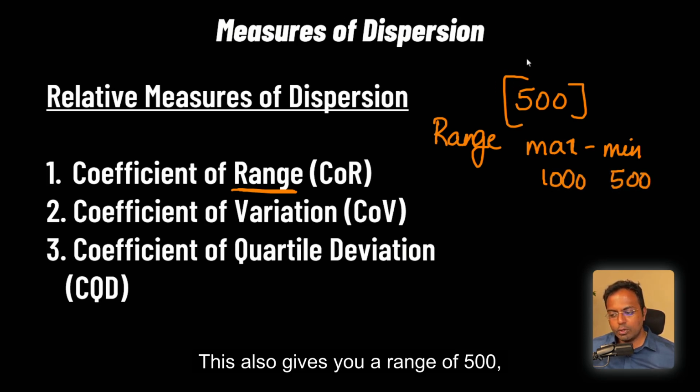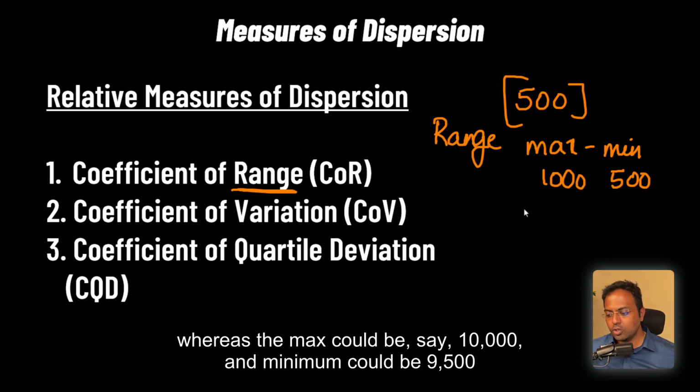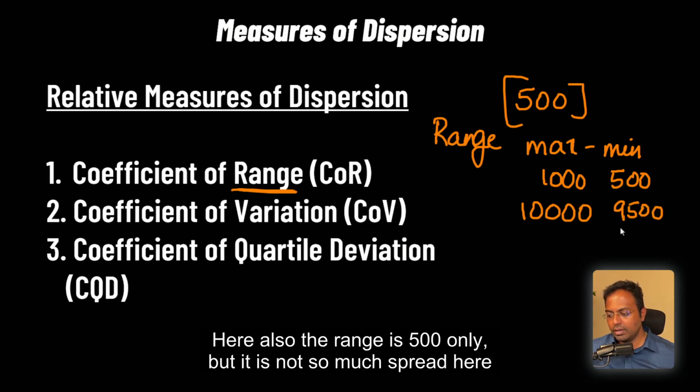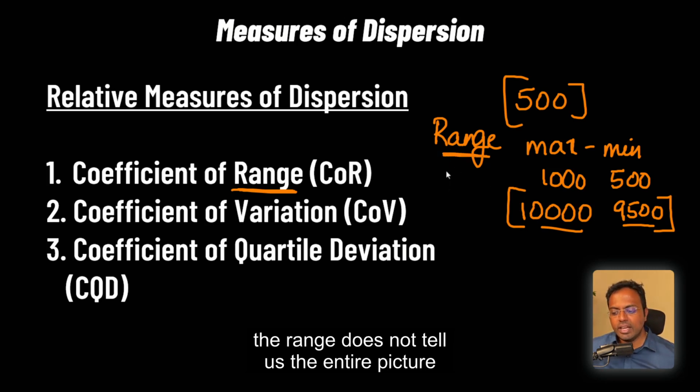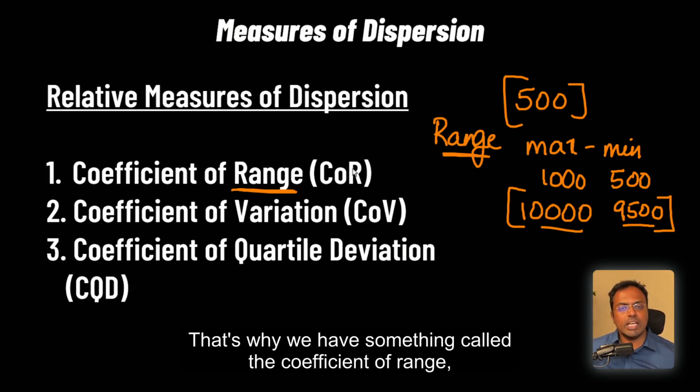This gives a range of 500, whereas the max could be 10,000 and minimum could be 9,500. Here also the range is 500, but it is not so much spread. As the scale of the data changes, the range does not tell us the entire picture.